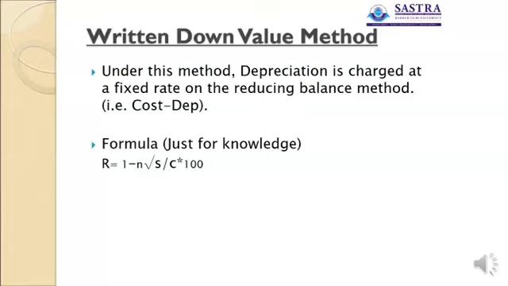See, this is a different formula which is to be used. Do you understand? R is equal to 1 minus the n-th root of salvage by cost, into 100.